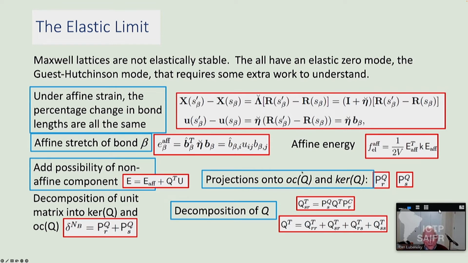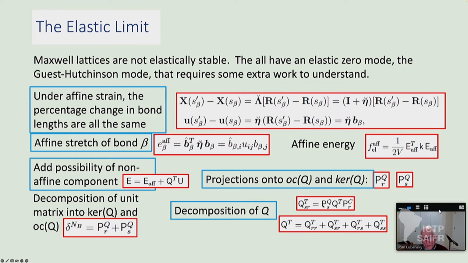And this is the orthogonal complement, that's the rest of the space. And we're going to define projection operators onto those two spaces. I see the notation I should have changed here. P_QS corresponds to projection onto the kernel, P_QR onto the orthogonal complement. So I can write Q transpose, for example, and I can transpose it.